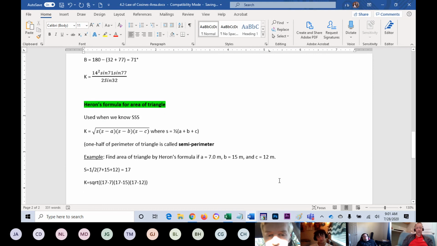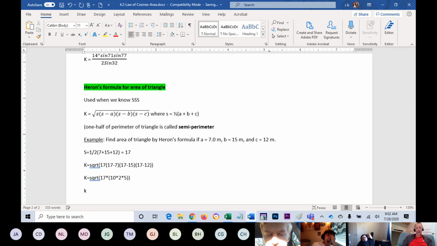Do we need 17 out front of all of those? Oh, you're right. I forgot the 17 out front. So 17 times 10 times 2 times 5. 10 times 2 is 20, times 5 is 100, times 17 is 1700. Yeah, 1700. You're right.